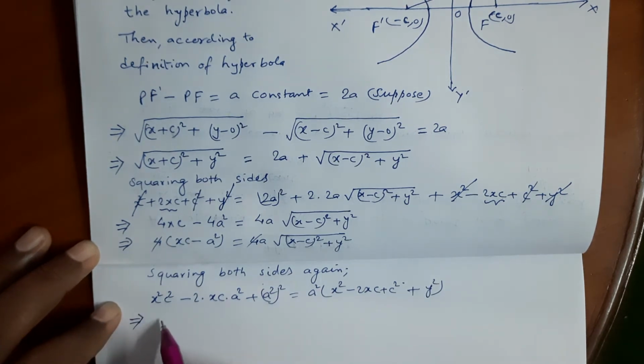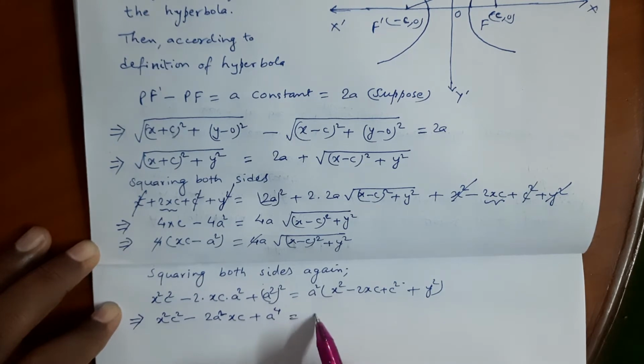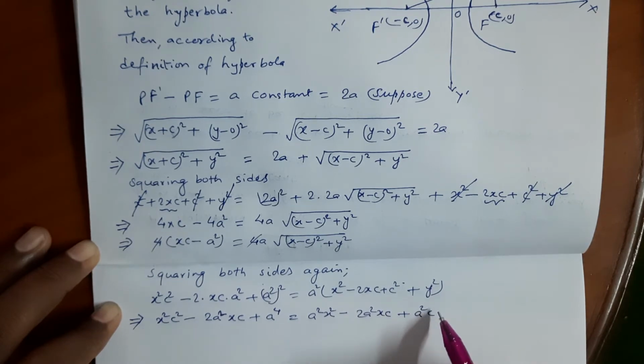This implies x square c square minus 2a square xc plus a power 4 equals a square x square minus 2a square xc plus a square c square plus a square y square.